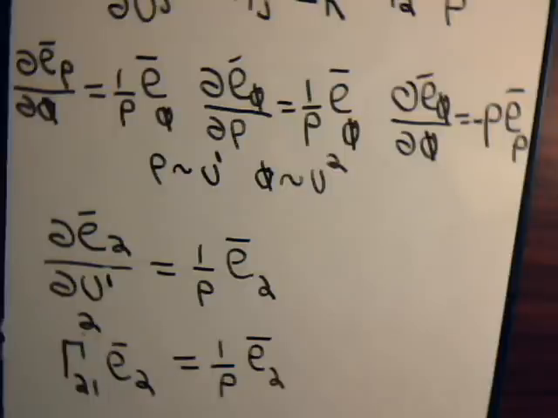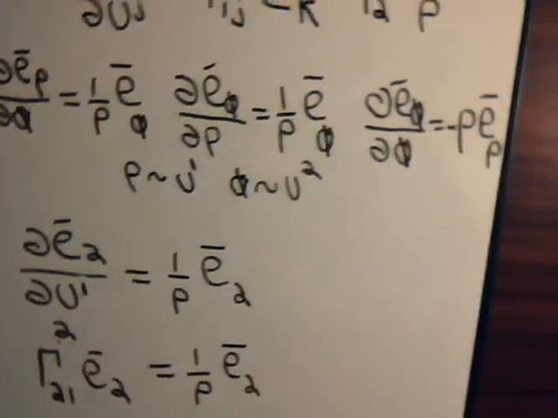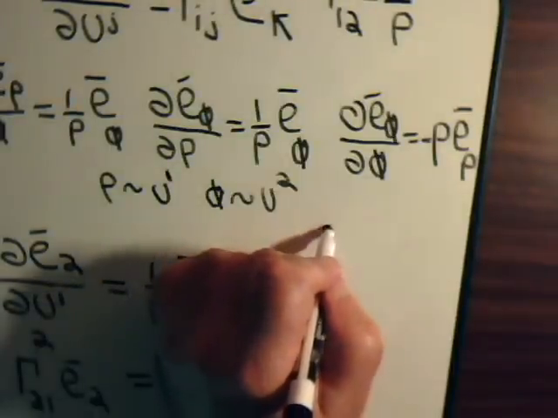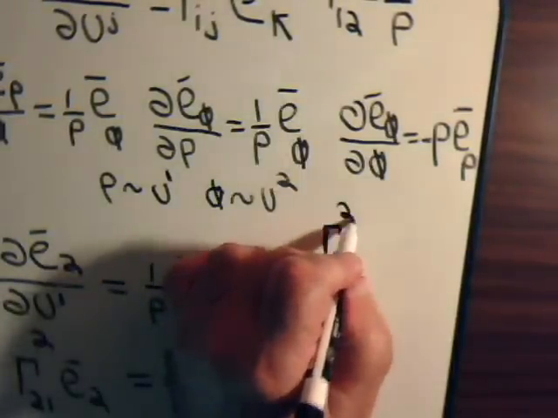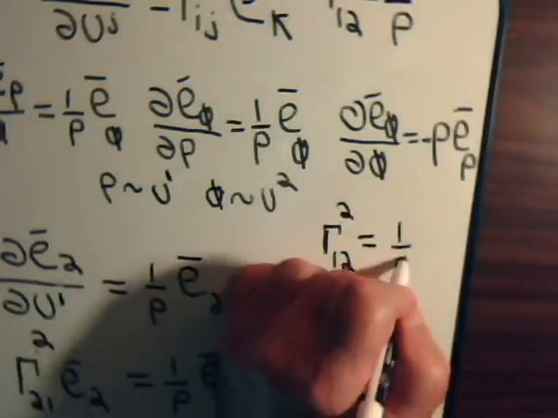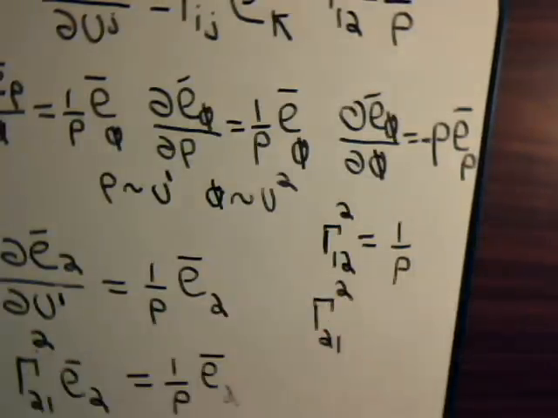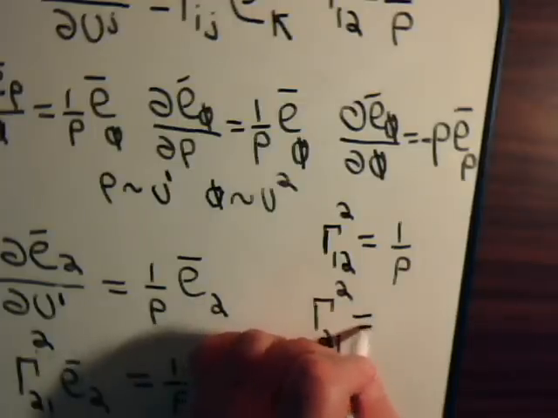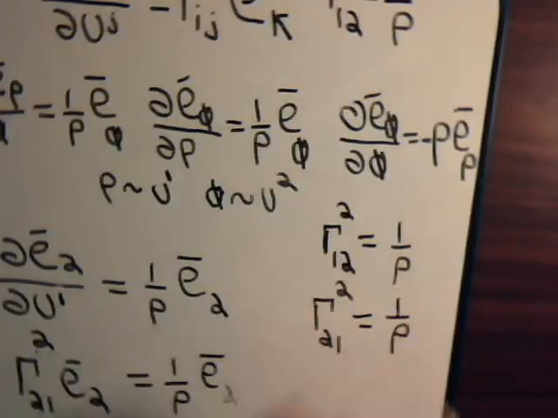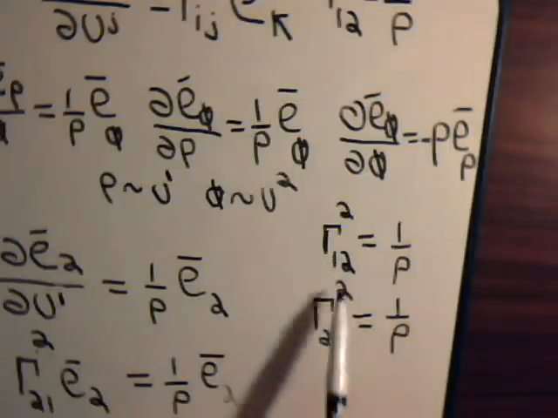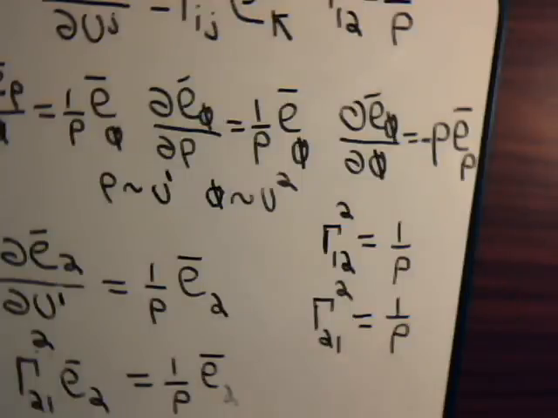Then that implies that gamma 2, 1, 2 equals 1 over rho. So we had gamma 1, 2, 2 equals 1 over rho, and now we have gamma 2, 1, 2 equals 1 over rho. And this is consistent with the last video. In the previous video we showed that if we have two gammas and these are switched around like this, they have the same value. And indeed it came out to be the same value.